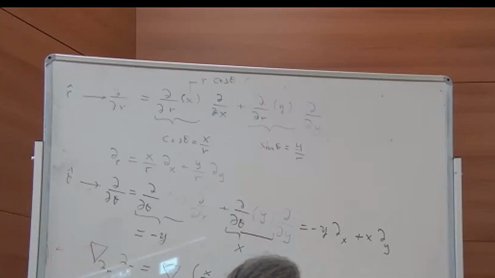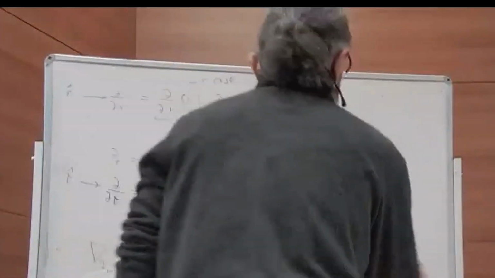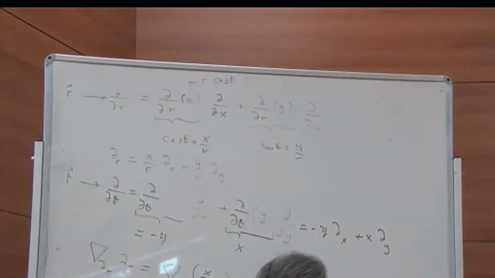Okay, note that there is F-linearity in the lower argument. So let's say this is x over r, del x del y, which is 0 because they are parallel.